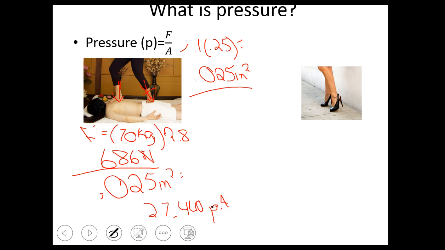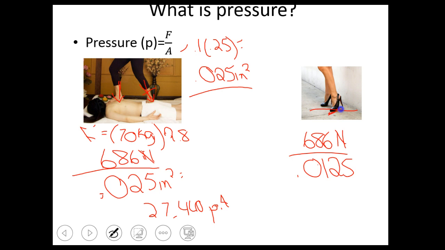But then let's say we put our massage therapist in stilettos, and we halve this area, right? We've still got the same force. It's still 686 newtons on this person, but we halve the area down to 0.0125, because not a whole person's foot is pressing down in a stiletto.